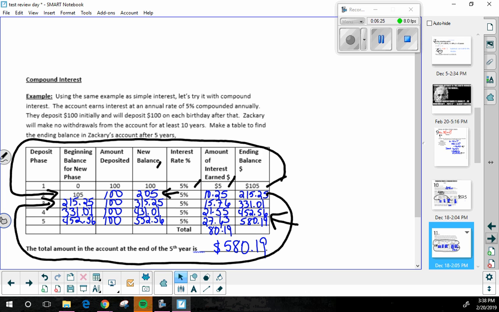If the question is asking for what the interest was, you take the total amount in the account and you subtract what you deposited. How much did I deposit? 500. So 580 minus 500 gives you the interest of $80.19. All right? So interest over time, compound interest, simple interest.